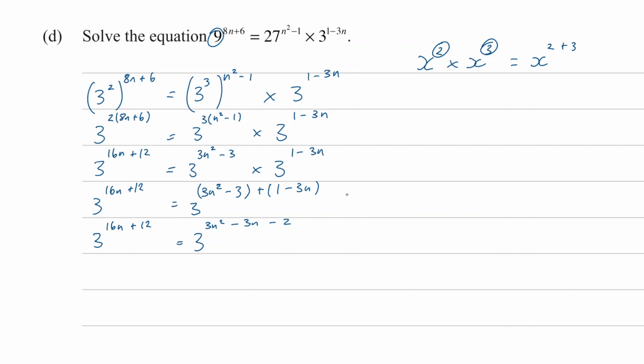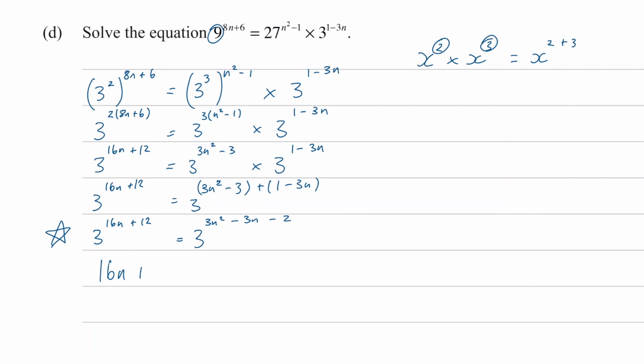So what we can do is jump to this line here. So that's 16n plus 12 equals 3n squared minus 3n minus 2. So because our exponents had the same base, we're able to equate their powers. So there's a bit of behind the scenes work going on where we're taking the logs of both sides and we're using a log law, but jumping to this step is totally fine.